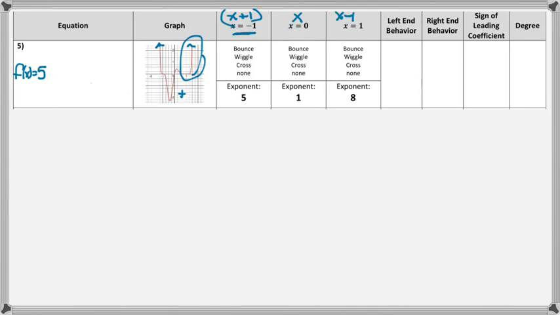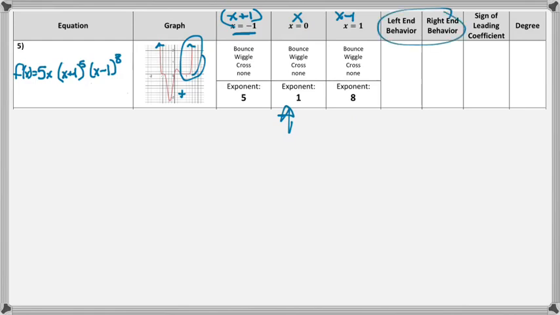And then my x column, which is at x equals 0, says my exponent on that is 1. Then my x plus 1 has an exponent of 5, and my x minus 1 has an exponent of 8. There's my equation.